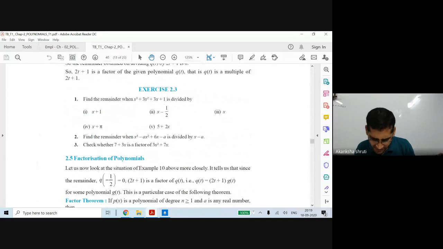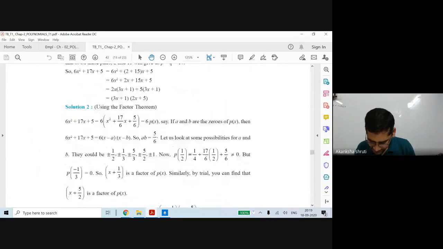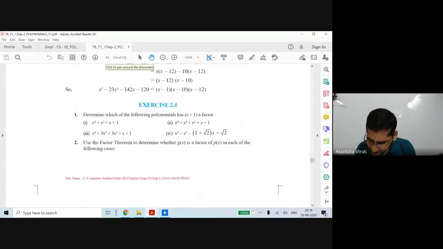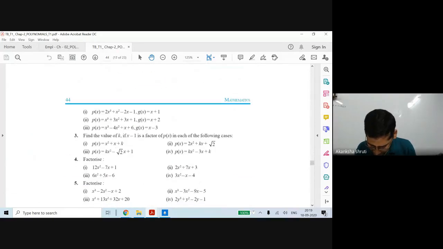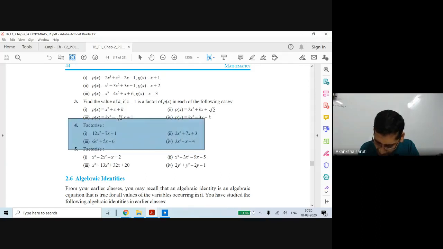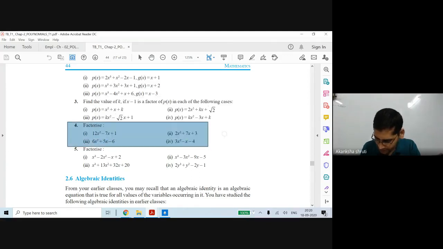So yes, we have to factorize this thing. Student, was this question number 4? Getting? So this question number 4 we have discussed today. How to factorize it? You have to do this. This method we have learned today.